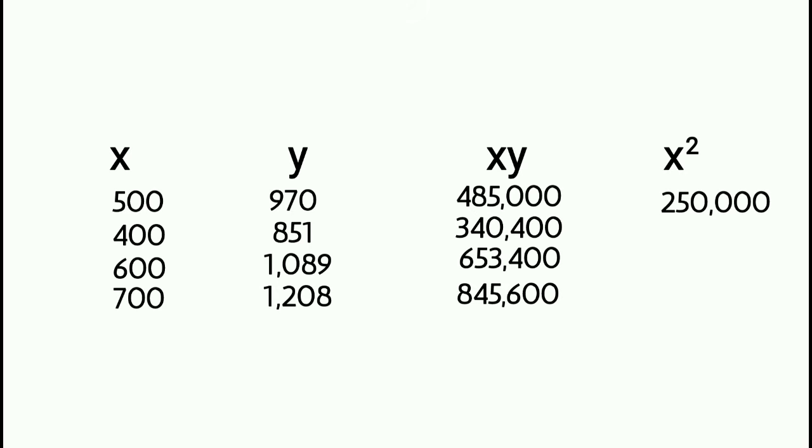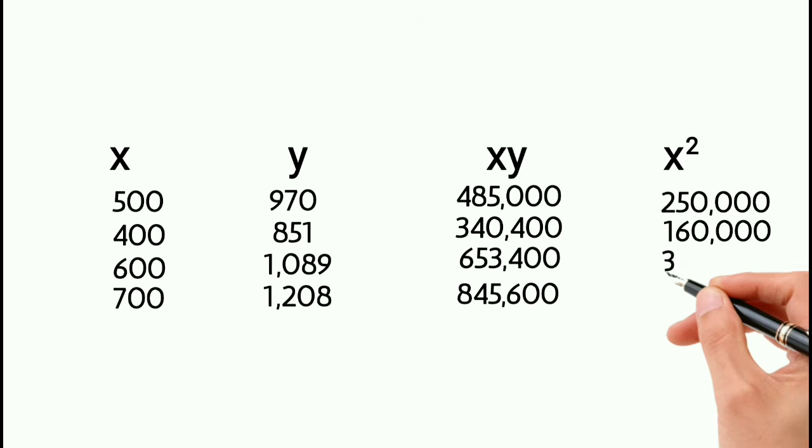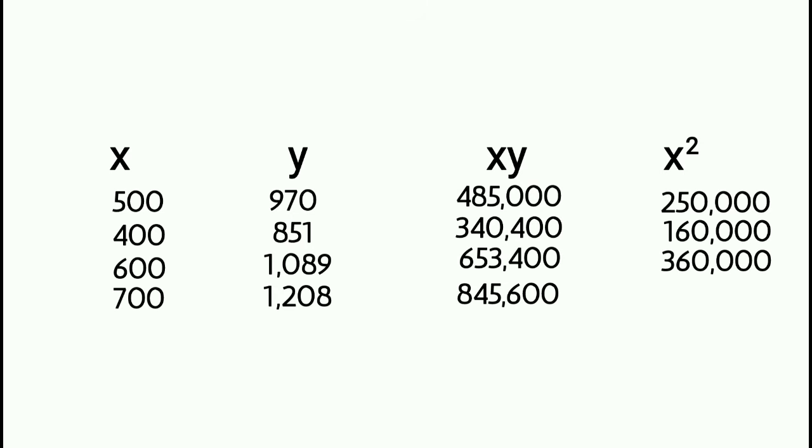Next, 400 times 400, that is equal to 160,000. Next, 600 times 600, that is equal to 360,000. And 700 times 700, that is equal to 490,000 pesos.